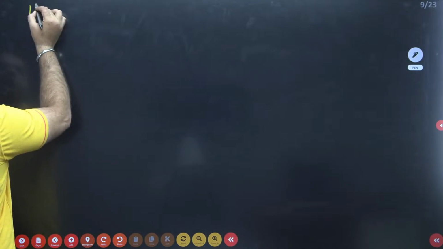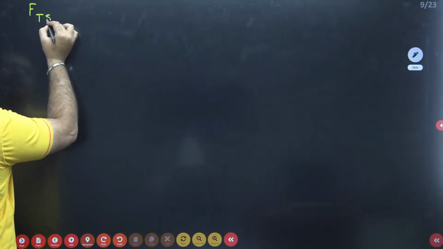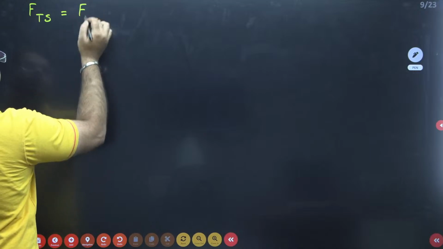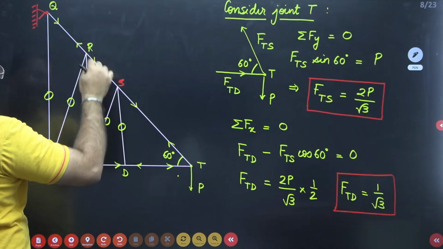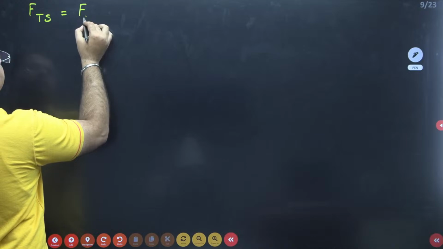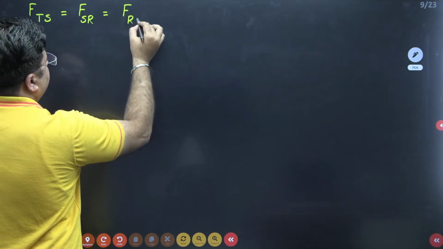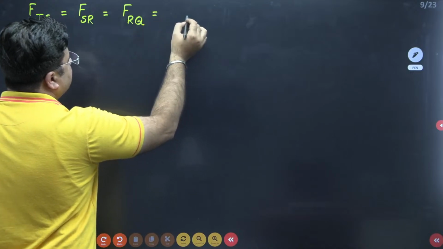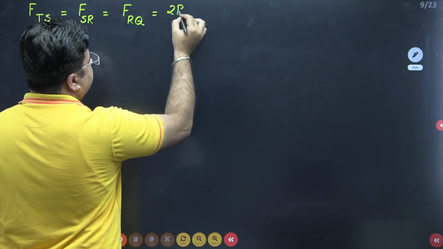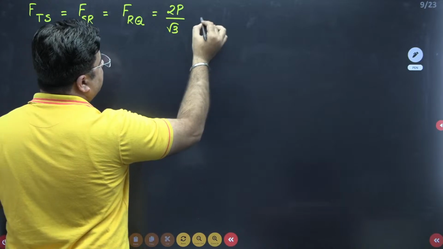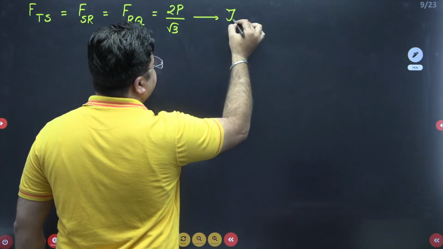Force in the member TS is equal to force in the member SR is equal to force in the member RQ is equal to 2P by root 3, and all these forces are tensile in nature.